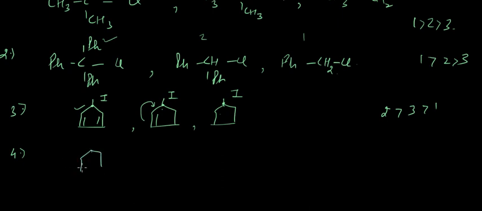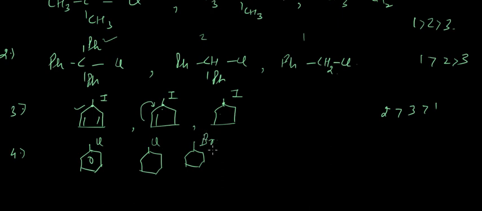Okay, let us discuss this. As I have also mentioned, the rate of SN1 will also depend on the leaving group. If you see the leaving group, Cl minus is the leaving group here, and Br minus is the leaving group here. Br minus is more stable than Cl minus, as we have already discussed.